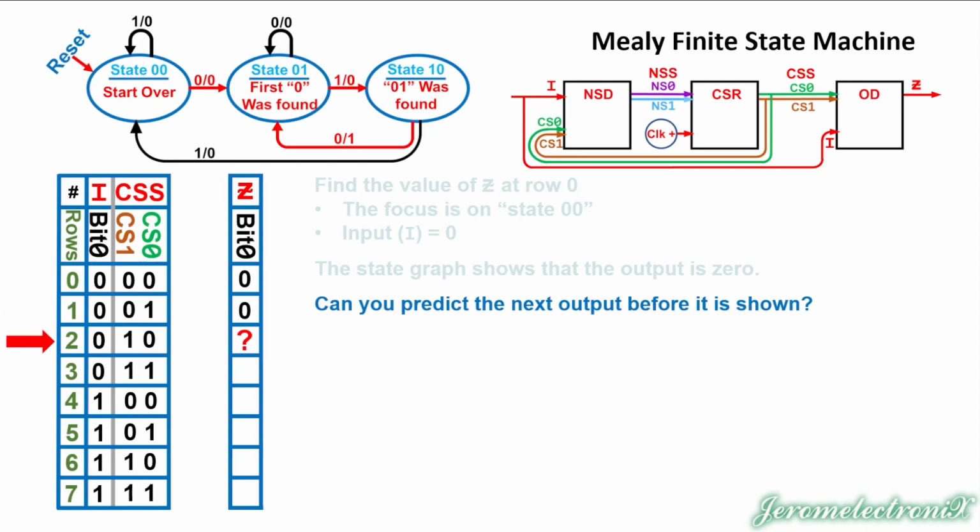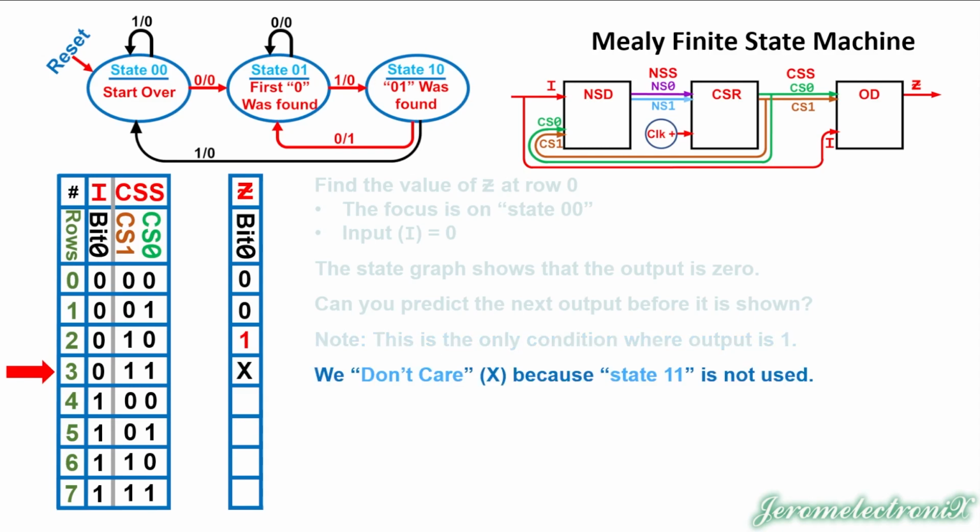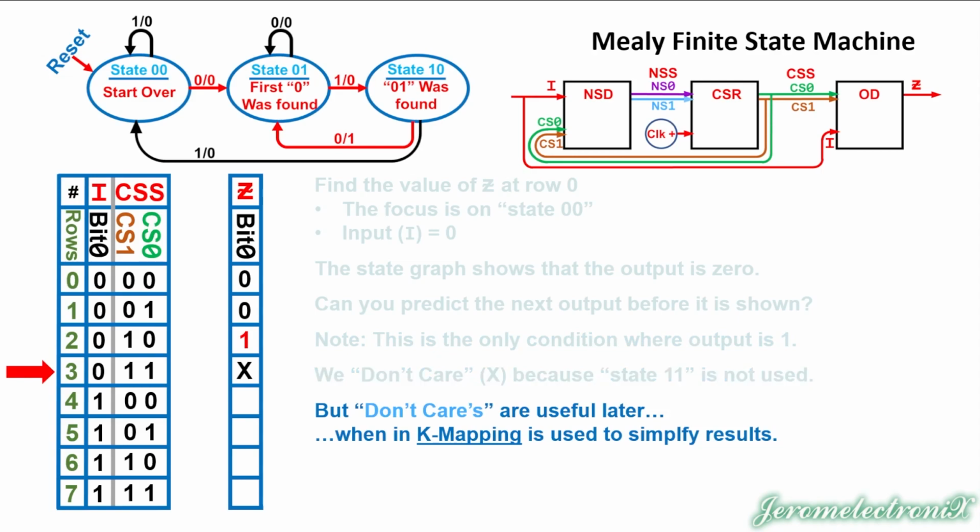Here we're in state 1, 0, and we receive a 0, and if we do, then the path we're going on has a 1 on the other side of the slash. That's where the success 1, we found the sequence, is. State 1, 1 doesn't exist. We just put a wildcard don't care there, because state 1, 1 doesn't exist. But they are useful later in K-mapping.